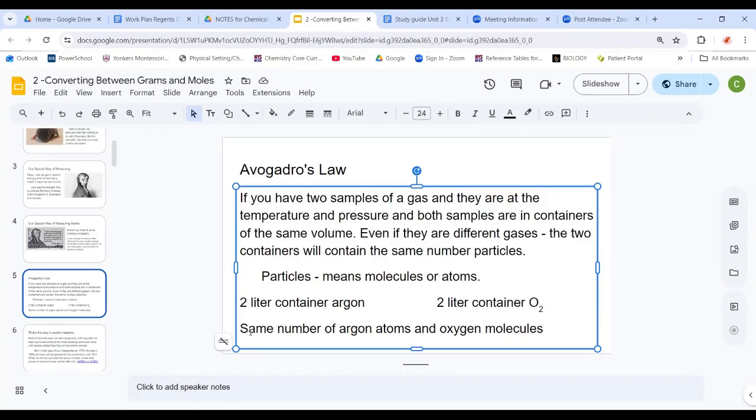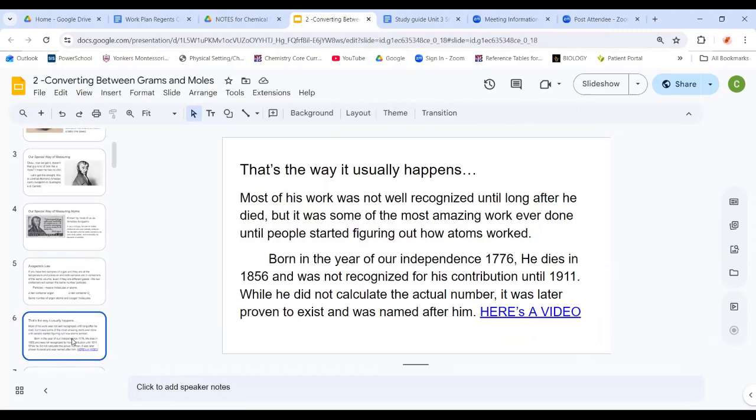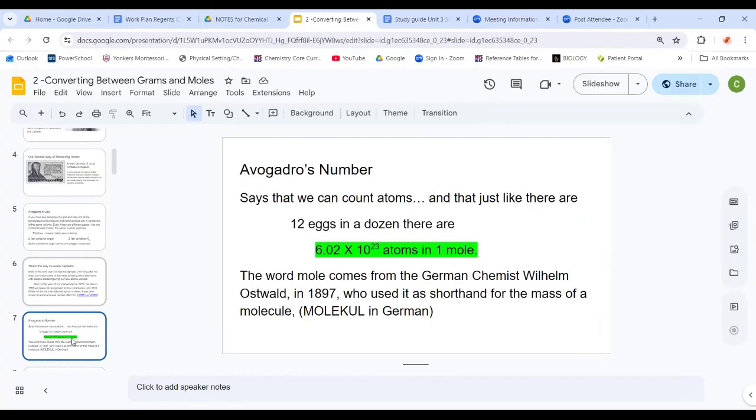But we're not making this happen, meaning that this number is something we figured out over time: the number of atoms present in a certain mass is actually 6.02 times 10 to the 23rd.